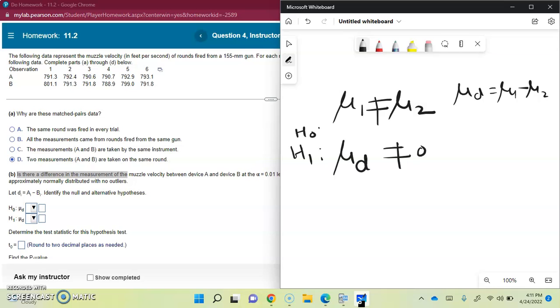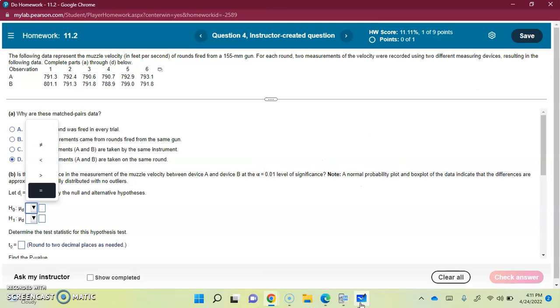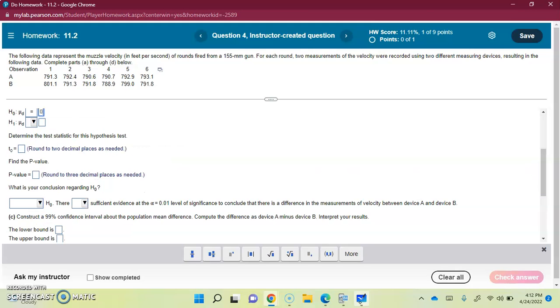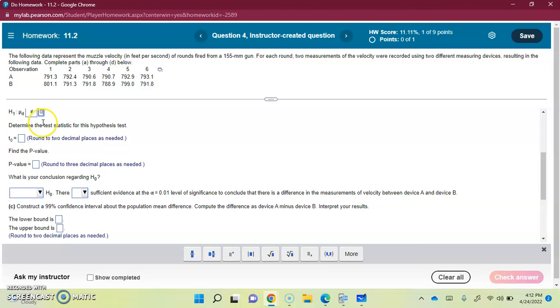So the null hypothesis is mu d is equal to 0. That's always the equal type. So if the difference is A minus B, the null hypothesis is equal to 0, and the alternate is not equal to 0. So we are just testing whether they are different or not. So here we are going to type 0.